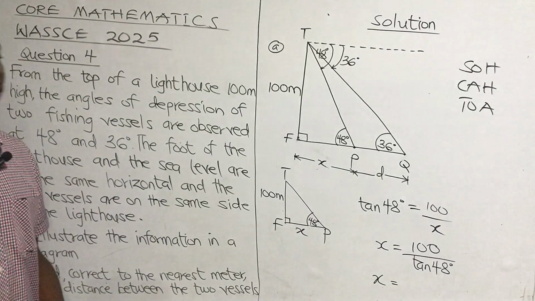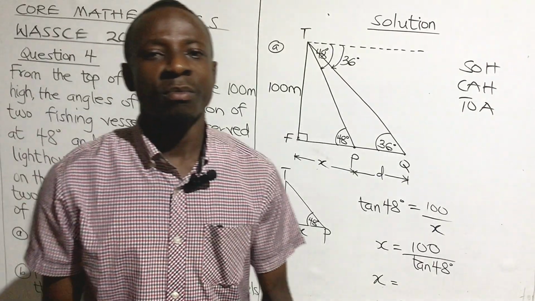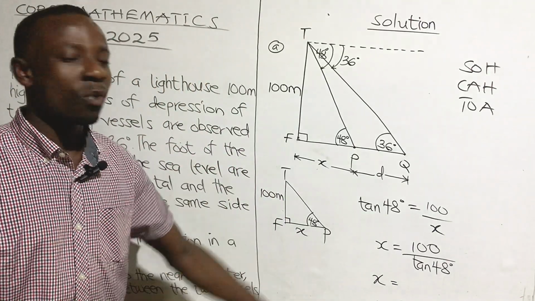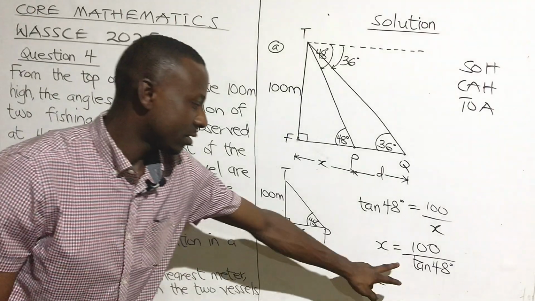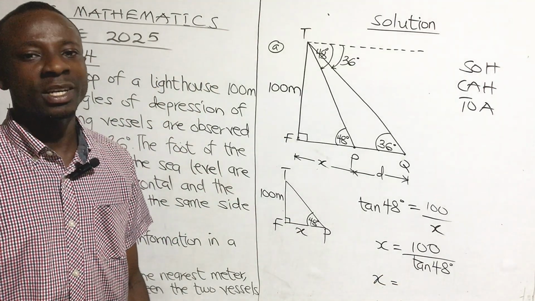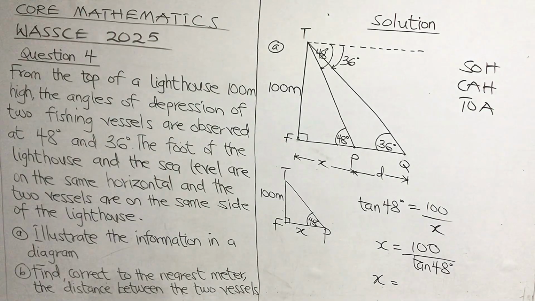So now we are going to find 100 over tan 48 degrees. My amazing viewers watching me, what will we get for this particular question? 100 over tan 48. What did you get from your calculator?